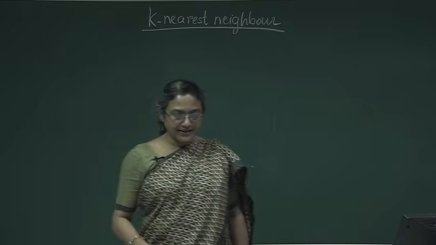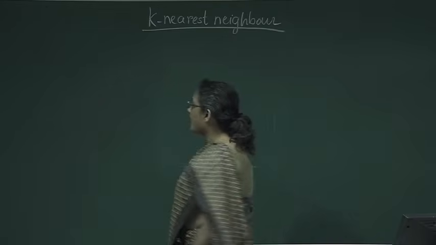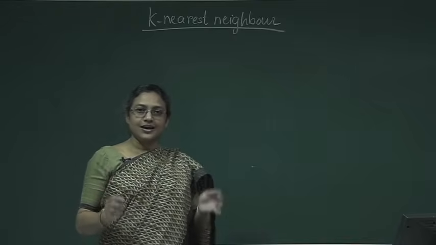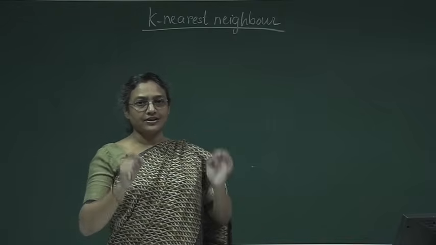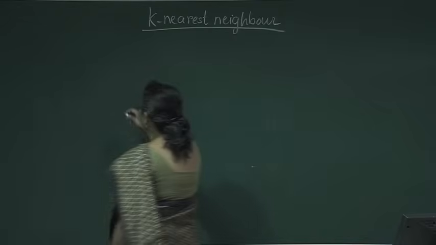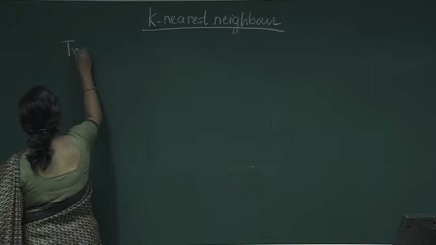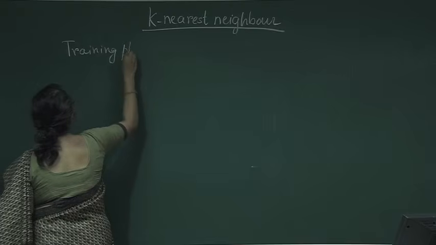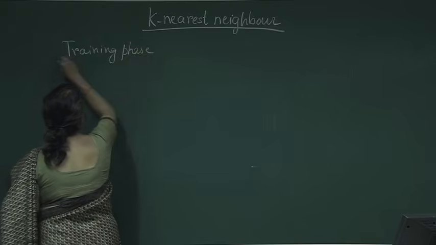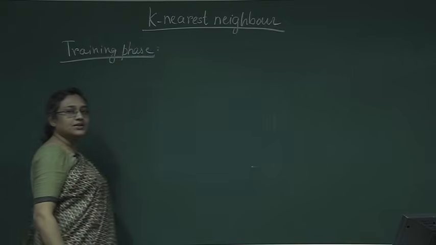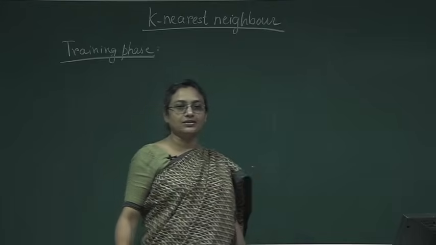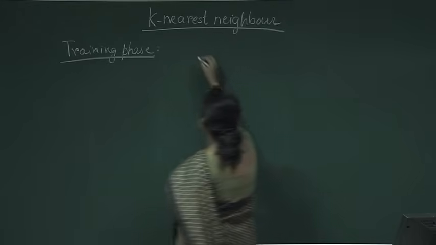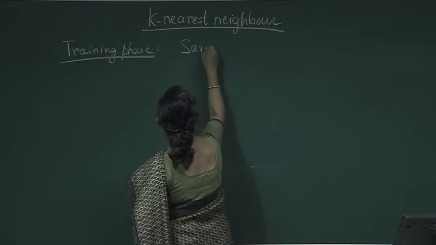So, the k nearest neighbor works as follows. As we have seen earlier, learning algorithms have two phases, training phase and testing phase, or the use phase. In the training phase, normally the model is learned. As I have said, for such lazy algorithms, we do not learn a model during training. So, in the training phase, we just save the training examples.